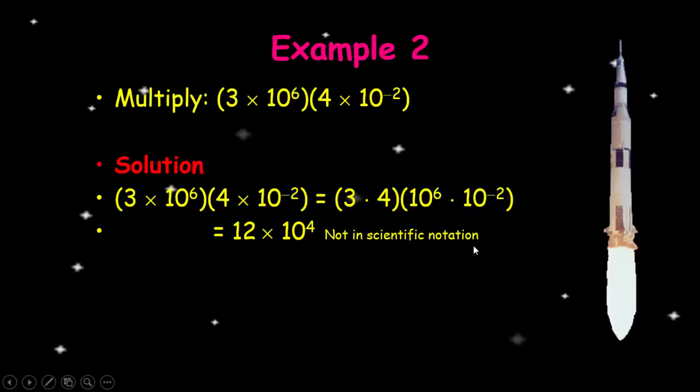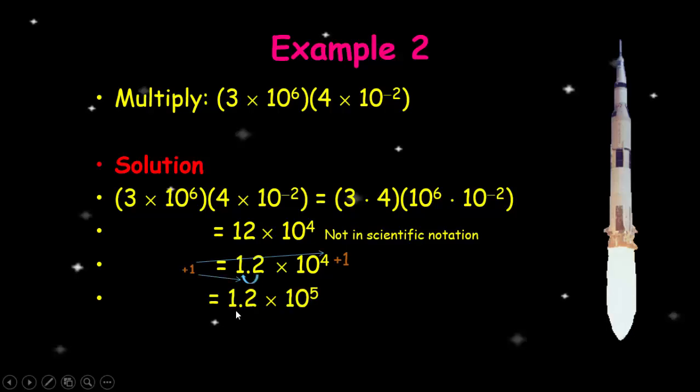this is not in scientific notation, so we have to put it into scientific notation by adding 1 over here and moving the decimal point one place over here. And we get as our final answer 1.2 times 10 to the 5th.